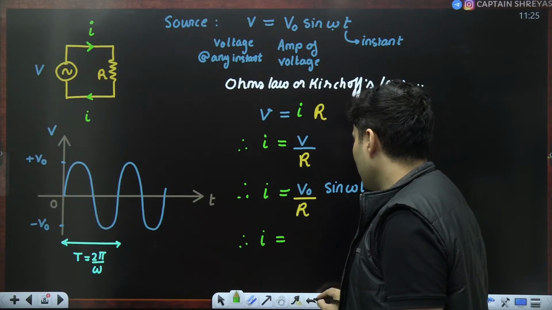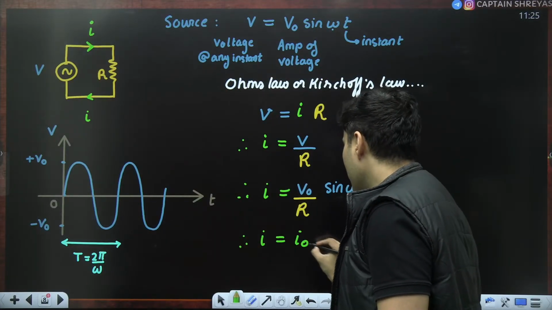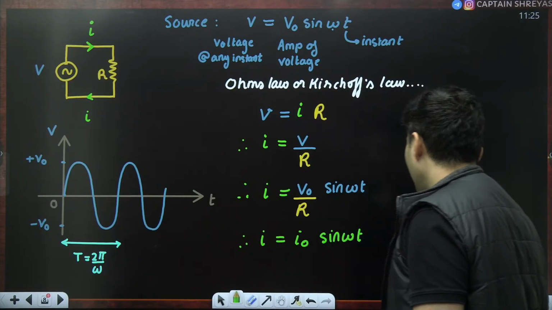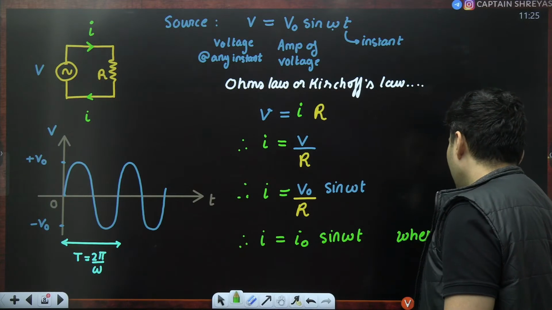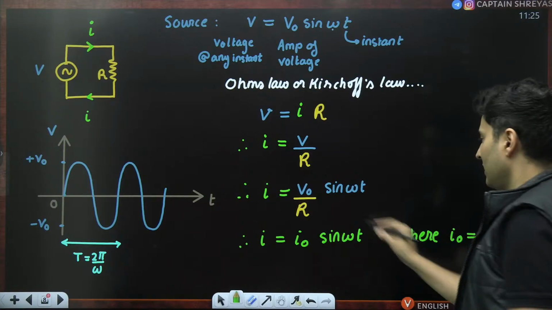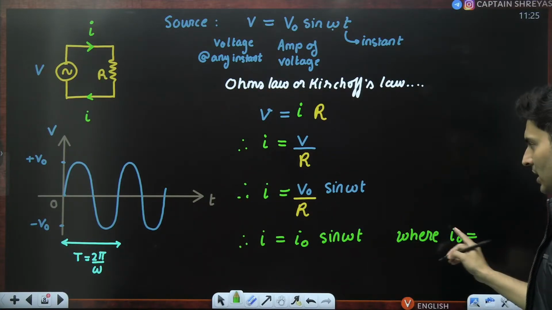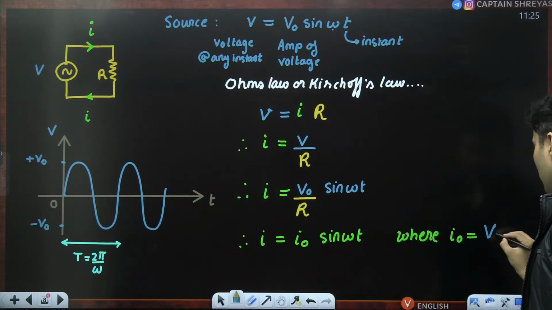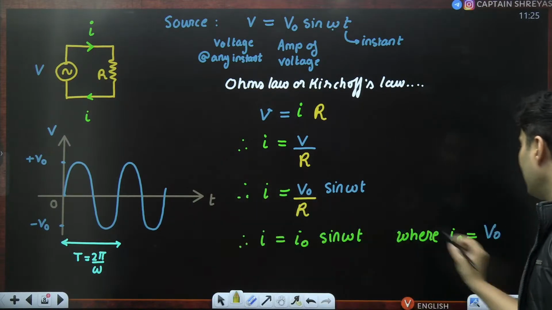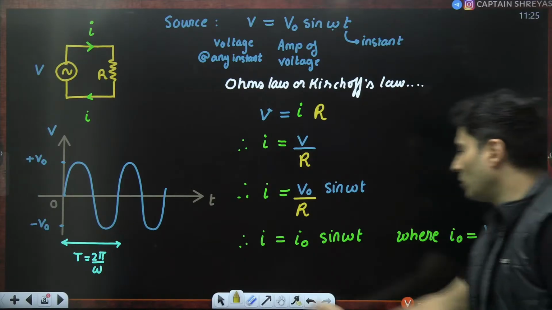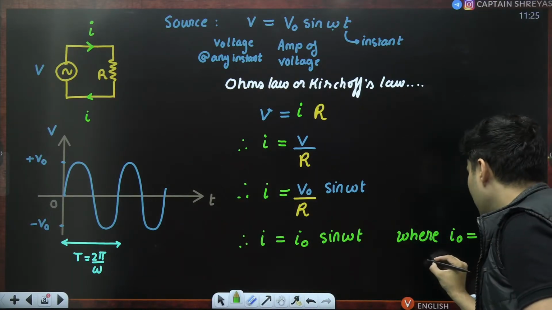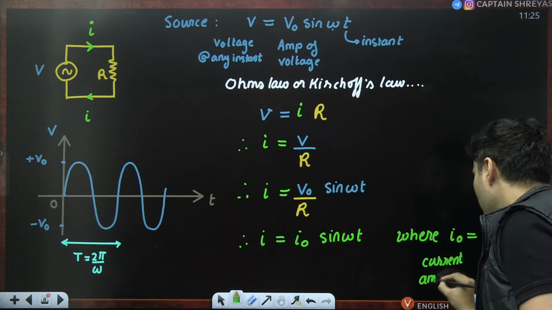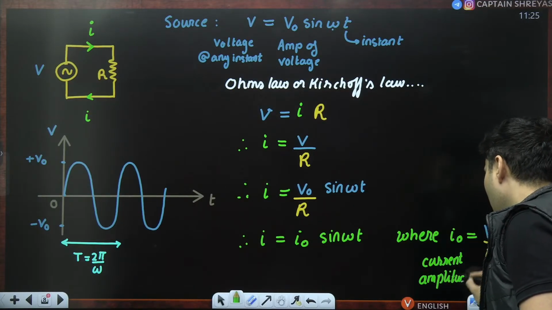So I is equal to I0 sine omega t, where I0 is the maximum amplitude of the current. The amplitude of the current is nothing but your voltage amplitude V0 divided by the resistance. So I0 is the current amplitude.